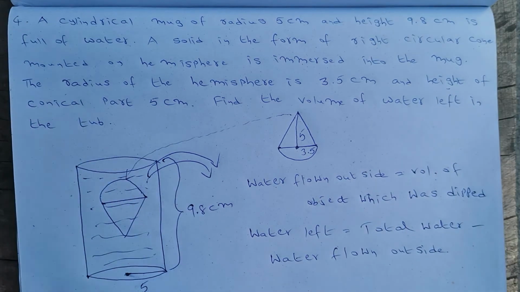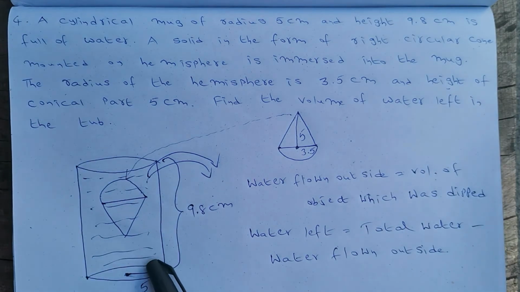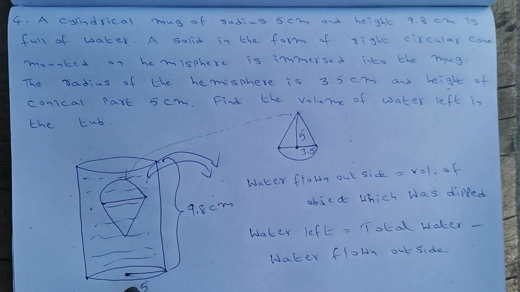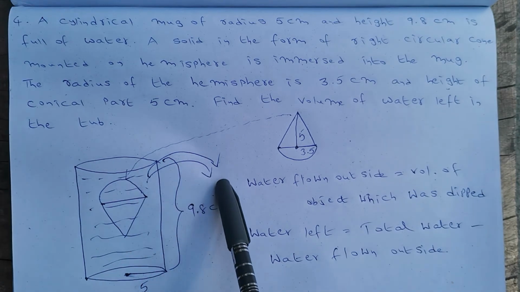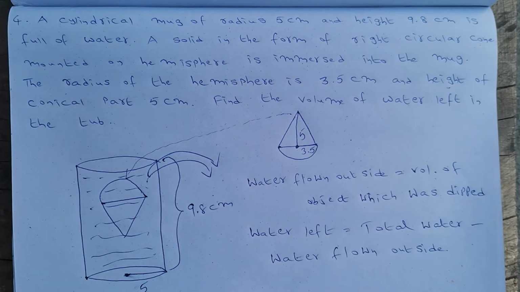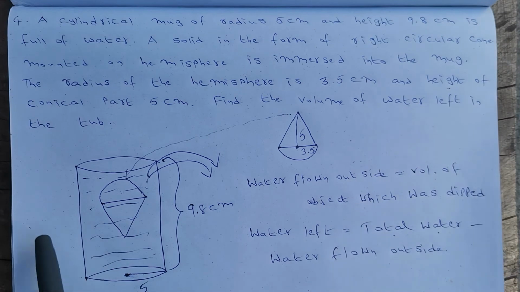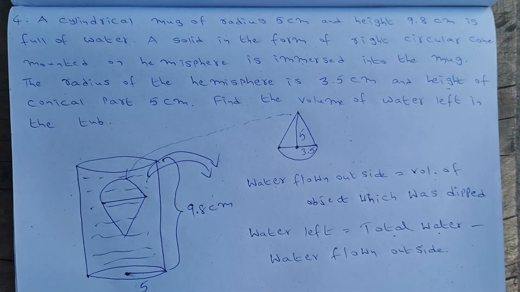First the cylinder is completely filled. Now from that some water is flowing outside. So we want to find out the remaining water. The remaining water volume is equal to the total water volume minus the water volume which flowed outside. So here we know the total water volume is nothing but this total shape, that is the cylinder.